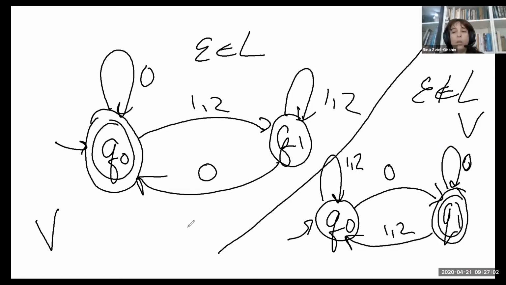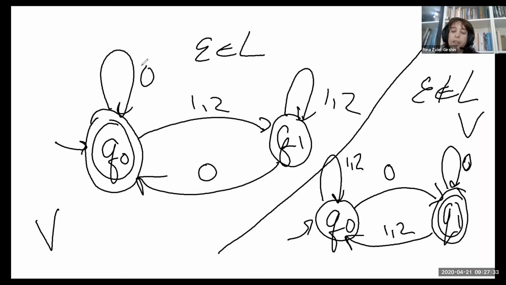What I told or what we did? Can you go over the first one and the difference between them? Okay. The first one here, the idea was that an empty word that doesn't have any letters in it, we decided that it belongs to our language, that it is divisible by 3. So if an empty word belongs to our language, that means that Q0 will be the accepting state.